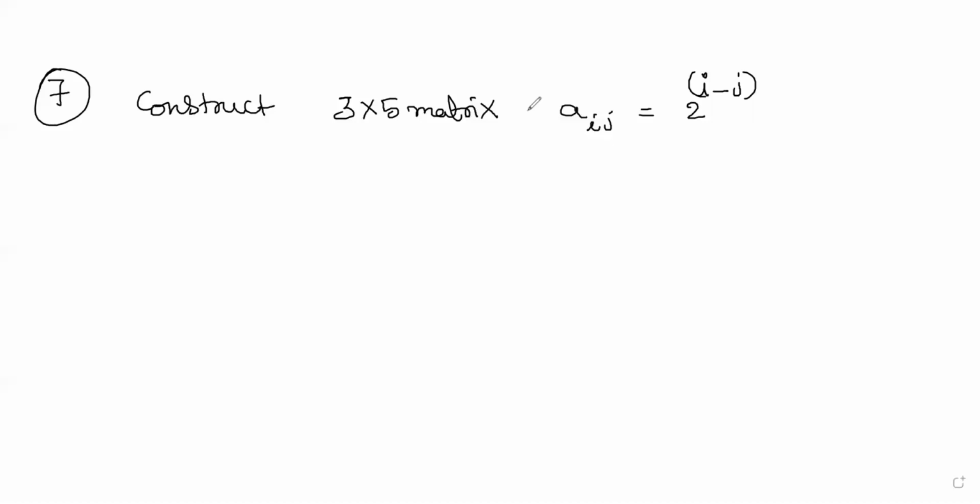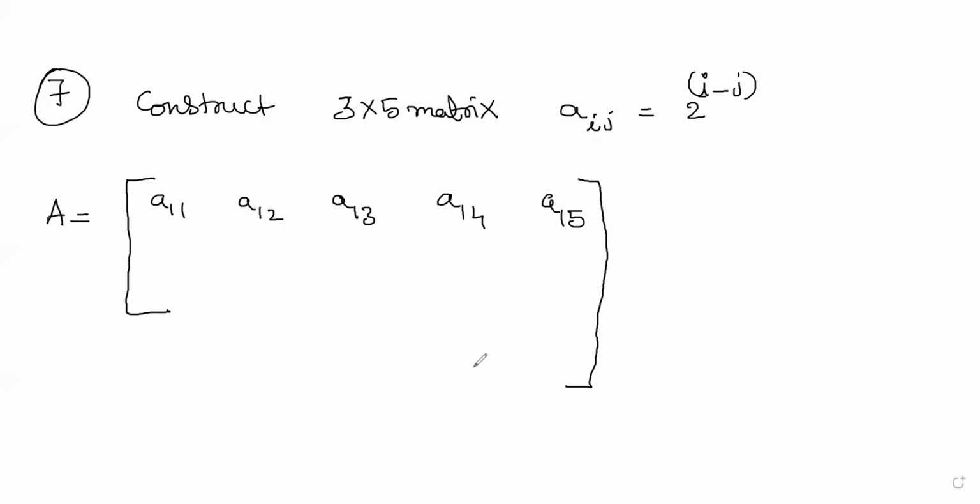So how does the 3 by 5 matrix look? 3 rows, 5 columns. Very good. So how do we write that? A11, A12, A13, will it go further? A14, A15. It will go up to here.